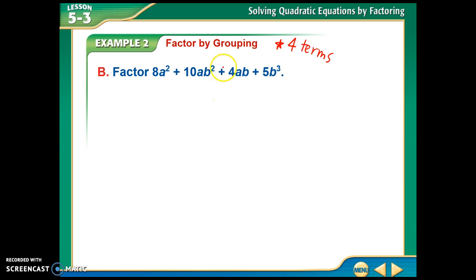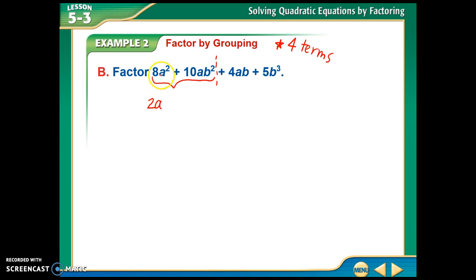So with 4 terms, I'm going to cut it right down the middle. I'm going to group the left side together and the right half together. With each side, I'm going to find my GCF. If I look just at 8 and 10, I have a GCF of 2. If I pull out a 2, for the A's, I have A squared and A, so A to the first is my smallest one.